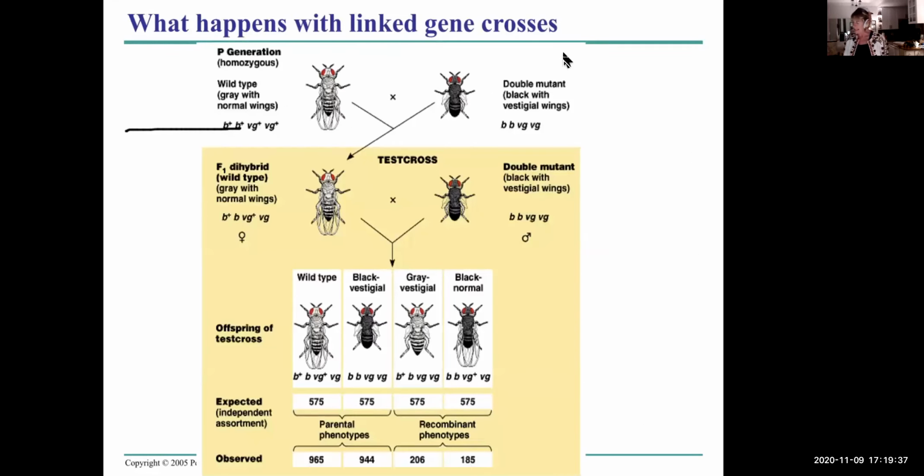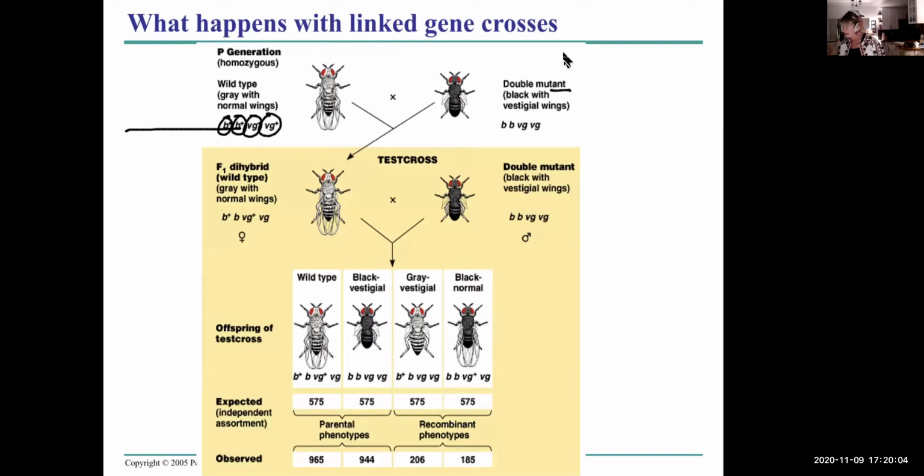So this is a linked gene cross. In this case, it's a little bit complex because of the traits. You're not used to talking about these traits, but a wild type fly is gray colored with normal wings. So the little plus here indicates that that's the wild type.